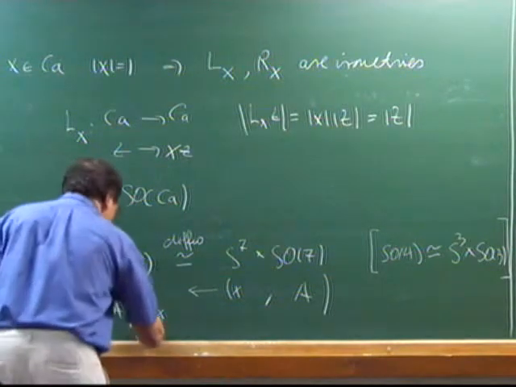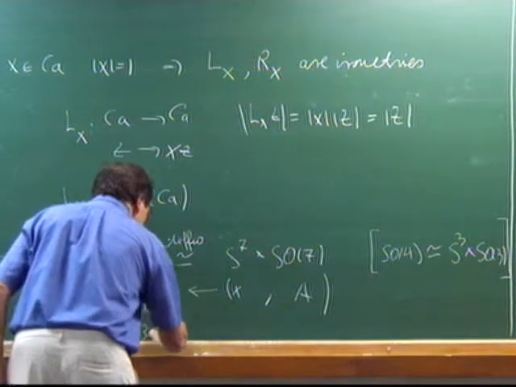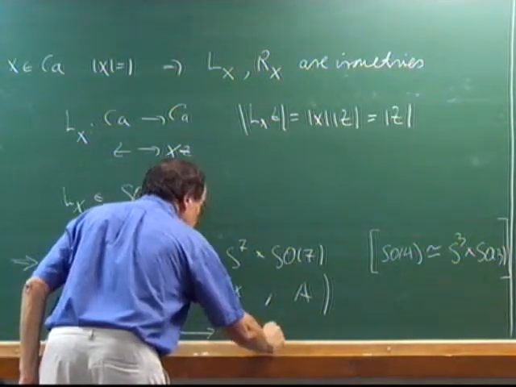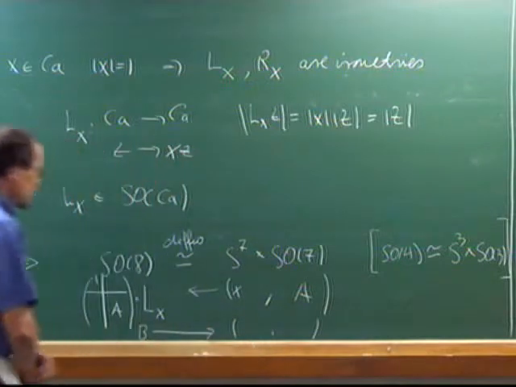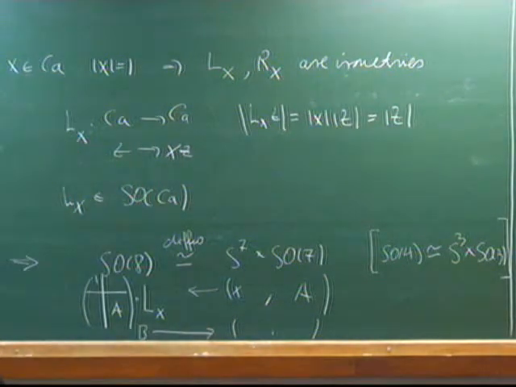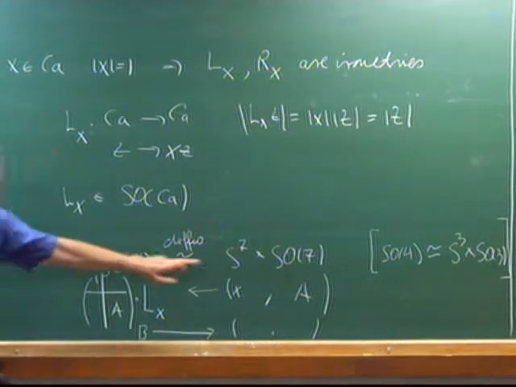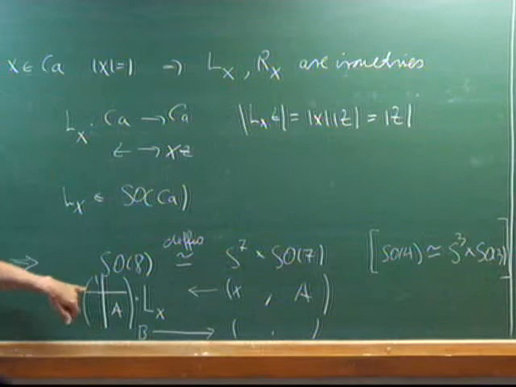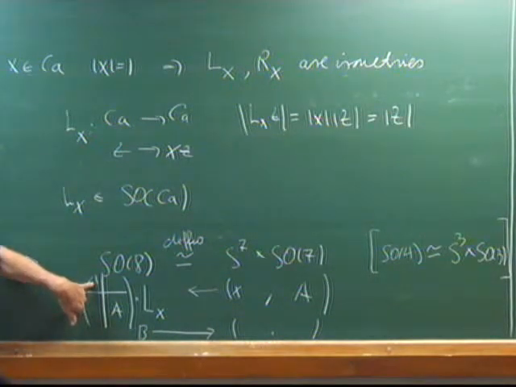Let's see how I go backwards. Let's take an element B in SO8. How do I go to a unit Cayley number and an element in SO7? Well, let's see where the image of 1 lies. Putting it into SO7 means I want to make it fix the first Cayley number, 1.